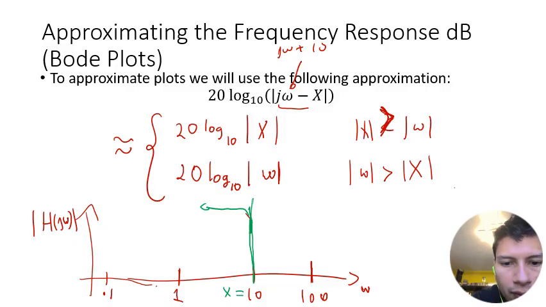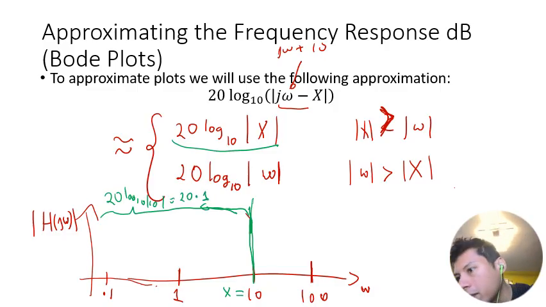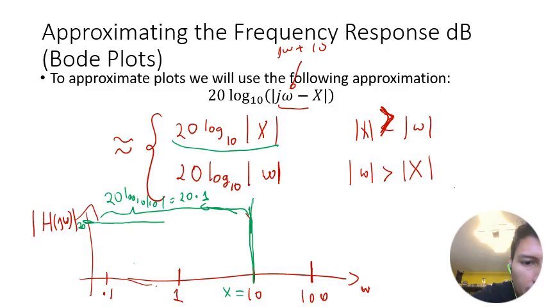So in this half, we're going to approximate this using this expression. This is going to be 20 log base 10 of 10, which is equal to 20 times 1, because the log base 10 of 10 is just 1. So that's going to give us 20. We're going to approximate this here up to here by 20.